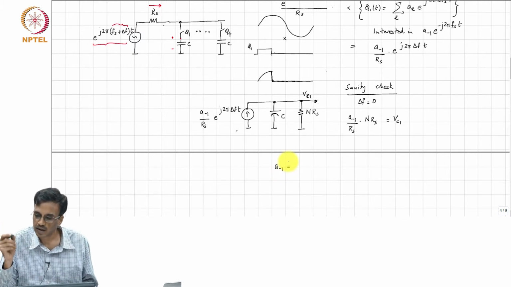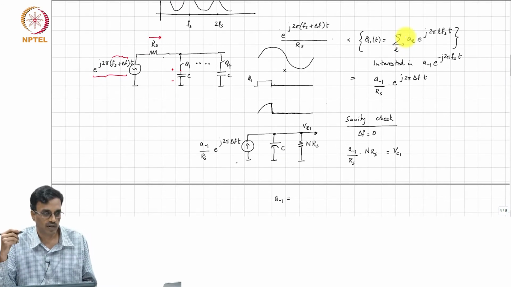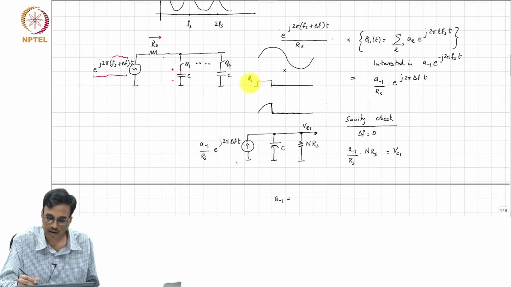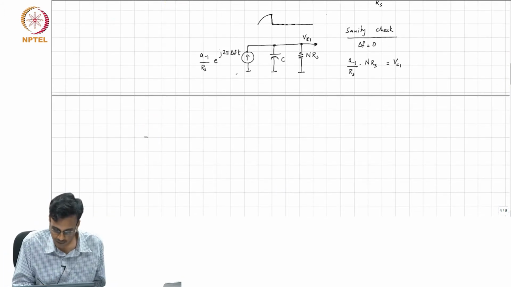A minus 1 is the minus 1th Fourier series coefficient of this phi 1 pulse, and for that we use standard results from Fourier transform theory.